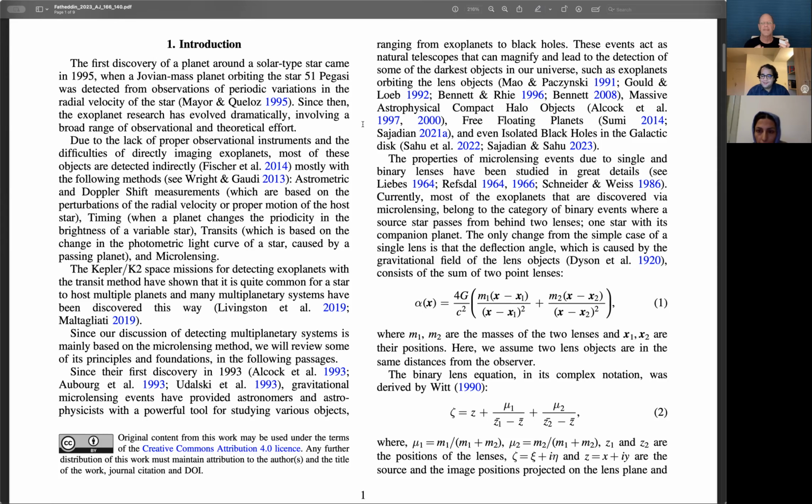Its analogs are not detectable with the microlensing method. But it's the only method currently capable of detecting cool, low mass exoplanets and free-floating planets. So this is one of the main advantages of using the microlensing method for detecting planets.